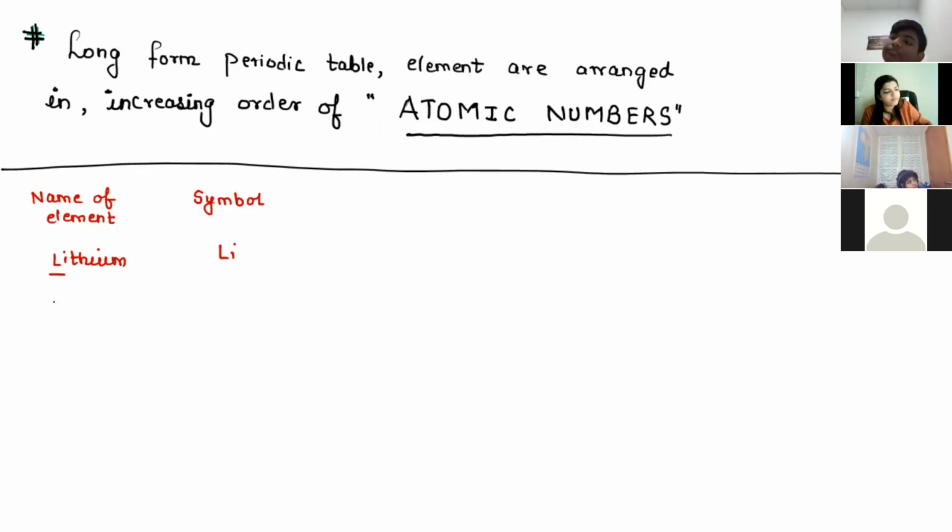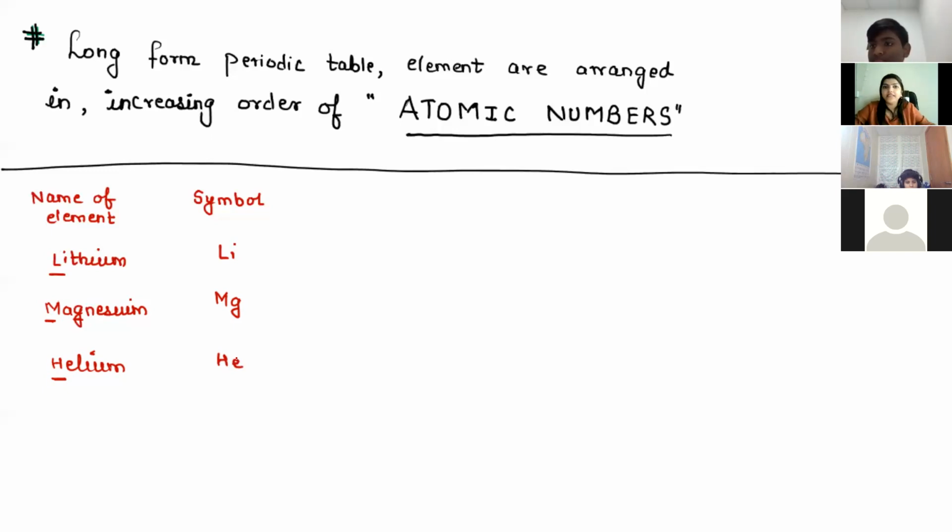Let's say, for example, magnesium, Mg. Then we have helium, which is He. So for the majority of the elements, when you write the name, the symbol will be from the name itself.